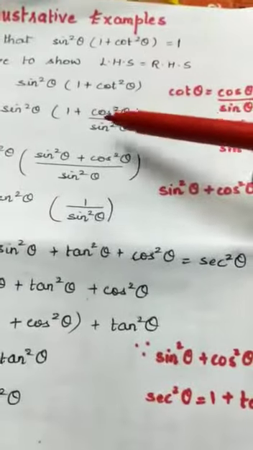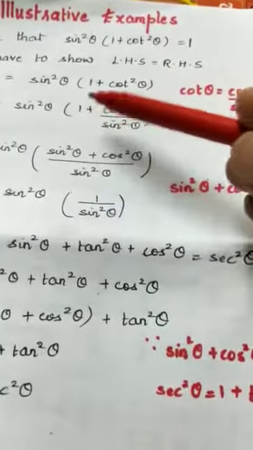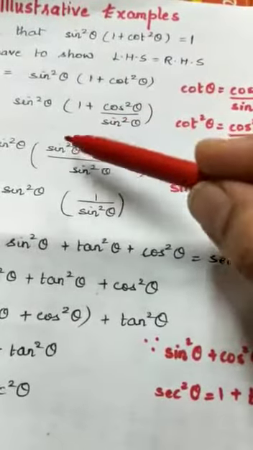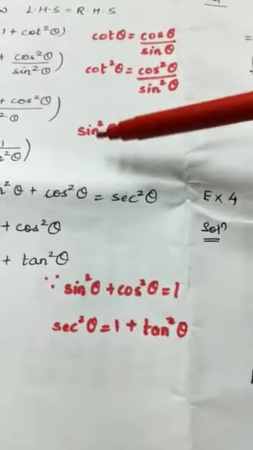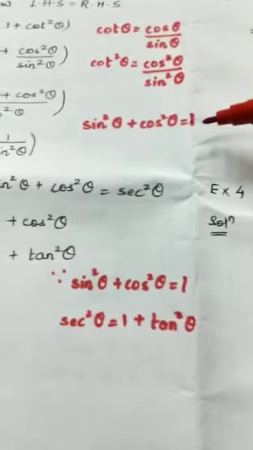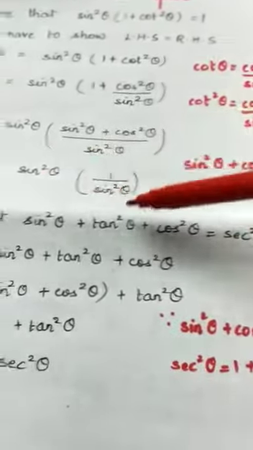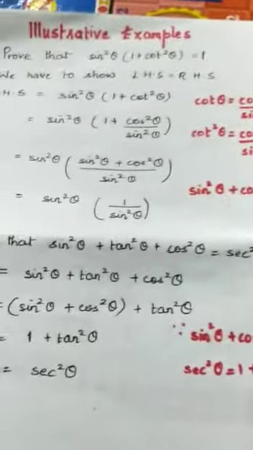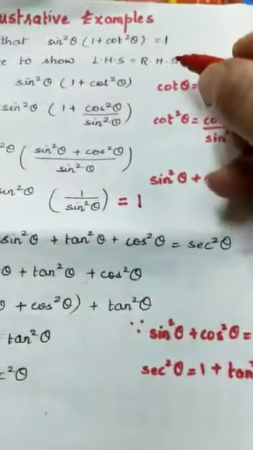When you do the multiplication, we get sin square theta plus cos square theta upon sin square theta. But we know the first identity: sin square theta plus cos square theta is equal to 1. So it becomes 1 upon sin square theta, which can be cancelled, and the answer is 1. So we got the right hand side.